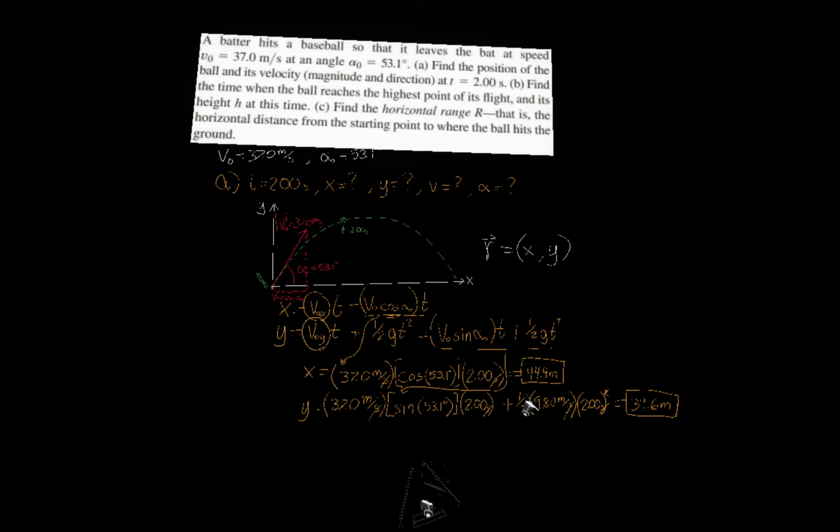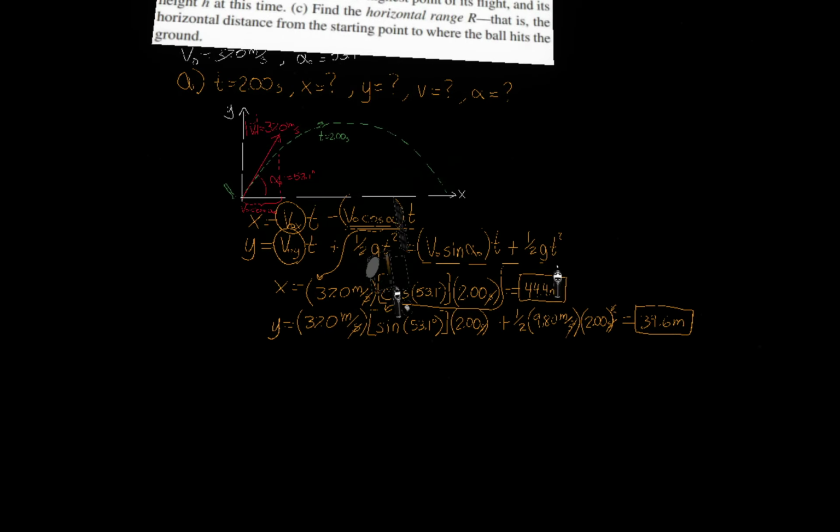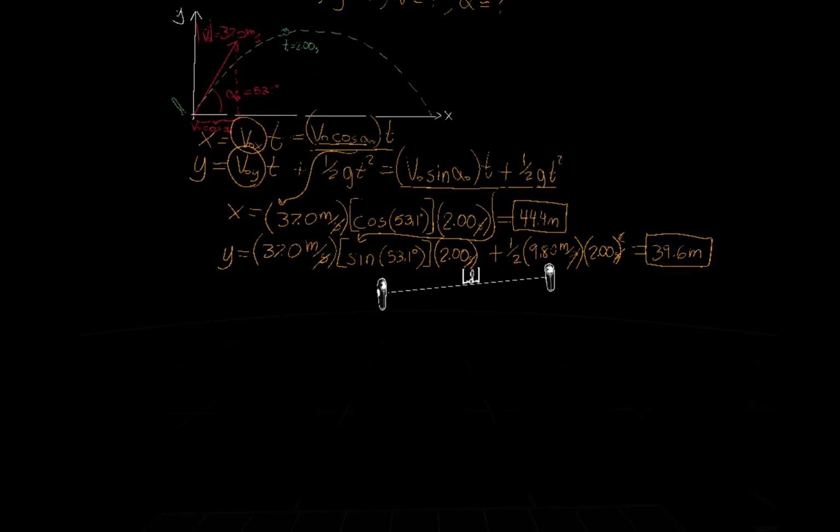And we have x and y now, so we can find out exactly where it is. But we don't quite know what its velocity is, and we don't know what the direction of the velocity is. So we don't know if it's heading up or down yet, but we know where it is.